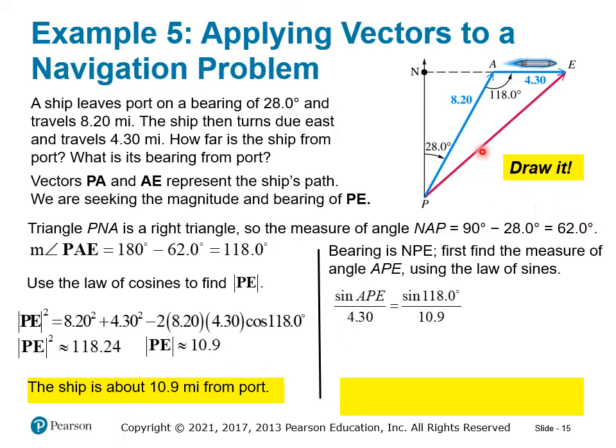Okay, the sine of APE over 4.3, the length of its side opposite, is equal to sine 118 over the magnitude of its side opposite, which we just figured out as 10.9. Solving this, we get that angle APE is 20.4.